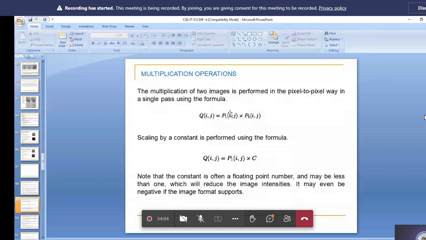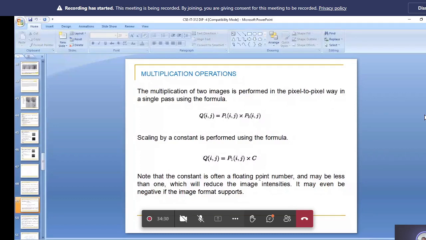So this is the first image, this is the second image, and we have multiplied them to obtain Q. Again, this is the first image and this is the constant C, and after multiplication we have obtained Q(i,j). Note that the constant is often a floating point number and may be less than 1, which will reduce the image intensities. It may even be negative if the image format supports it.